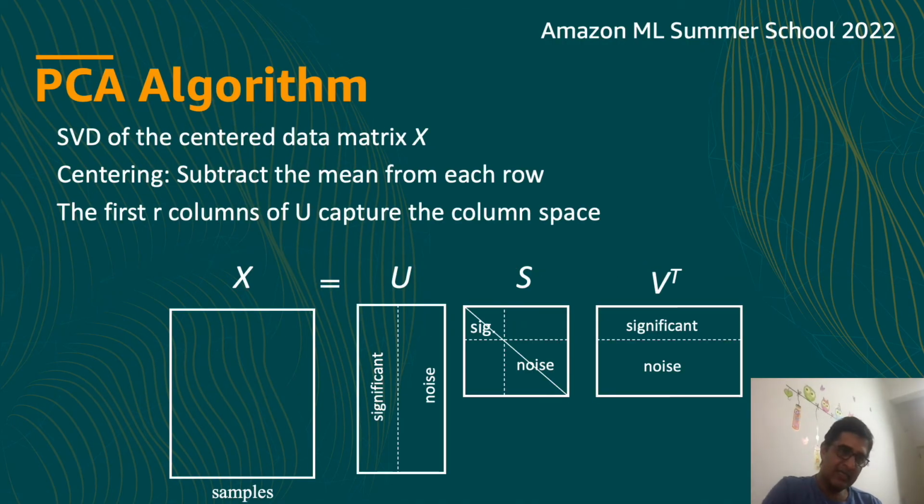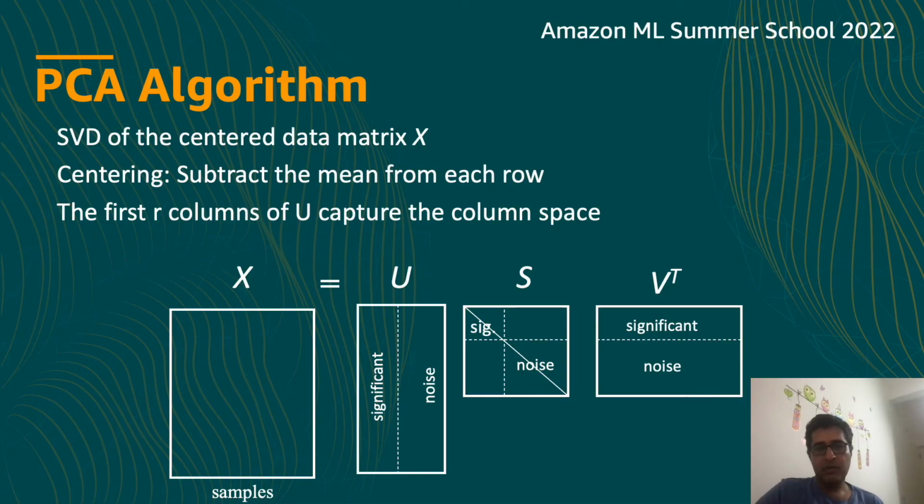PCA is actually the SVD of the centered data matrix X. The centered data matrix X is nothing but taking the mean of the matrix X and subtracting the mean from each row.